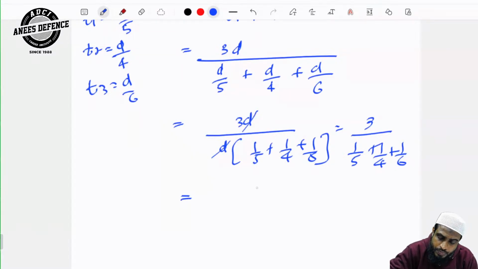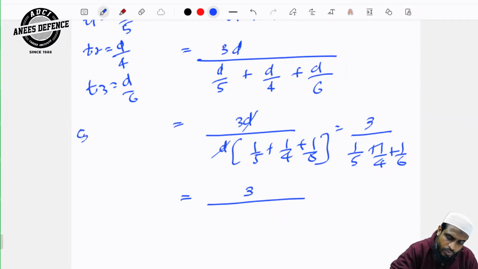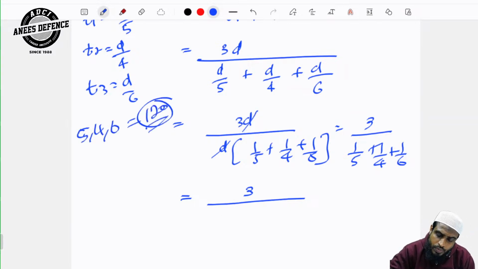So what is the answer? 3 by, for 5, 4, 6 the LCM can be put as 120. So 5 into 24 plus 30 plus 20.